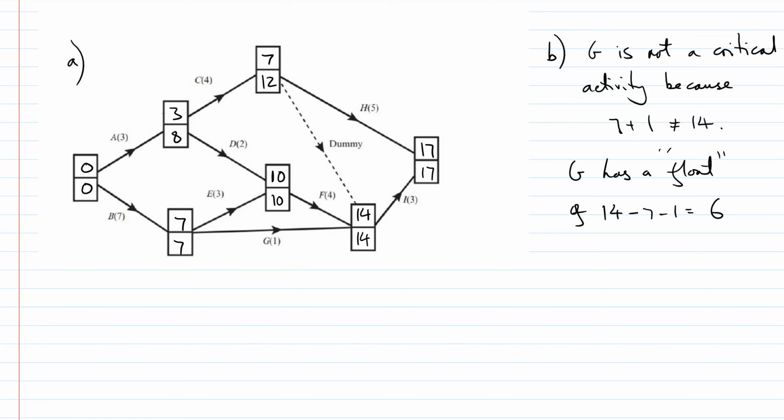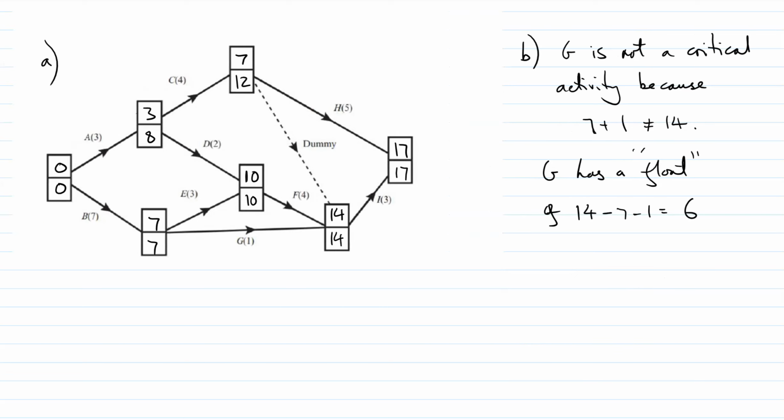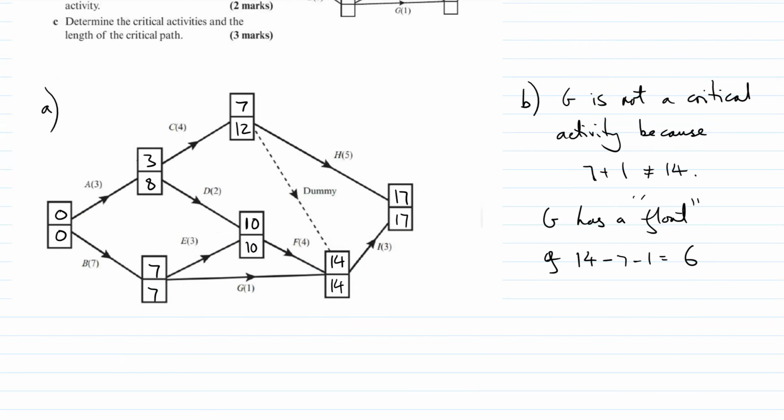You can probably see that, because it starts at 7, needs to be done by 14, and it takes 1. So if you start, you've got a delay of 6. If you delayed it by 6, then that would make it critical. Any more than 6, and obviously it's going to delay everything. But anything that's got a float of 0 is critical. Anything with a float of something bigger than 0 is not critical. And we're going to come on to float fully in the next part. That's just a brief introduction.